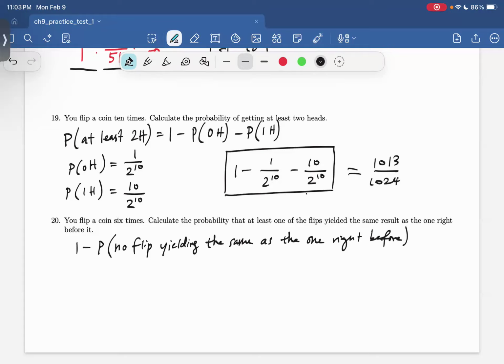Okay, so what is that probability? That is going to be 2 over 64.